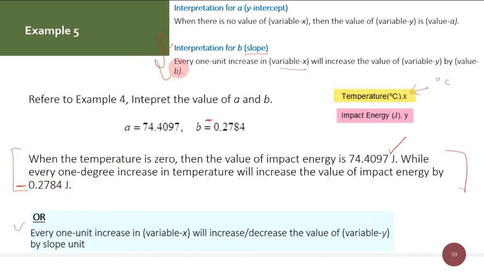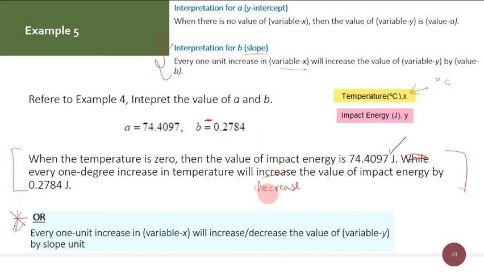Or another way of interpreting it, the same thing: every 1 degree increase in temperature will, because B is negative now, decrease the value of impact energy by 0.2784 joule. So no need to put the negative here.